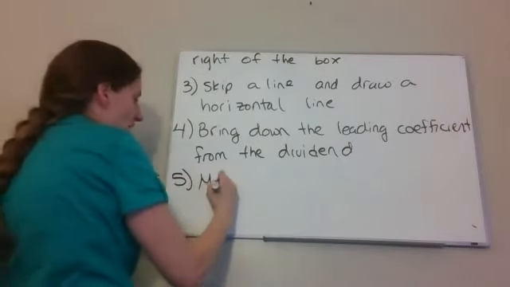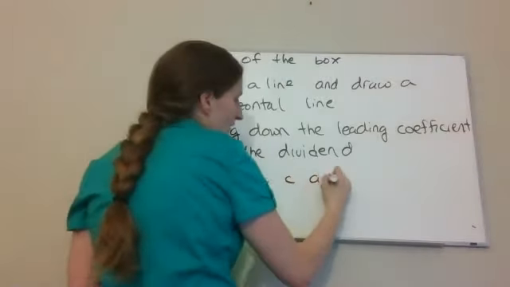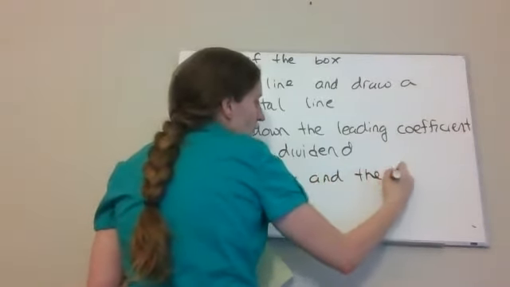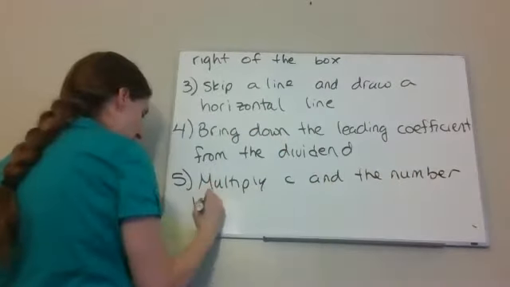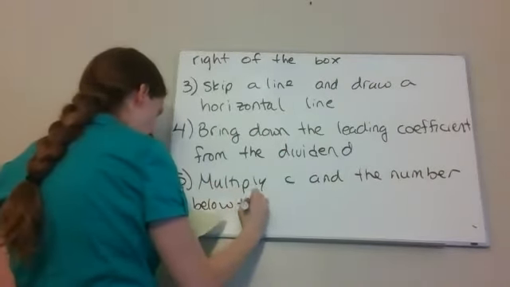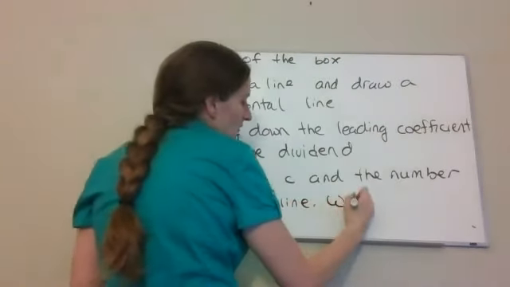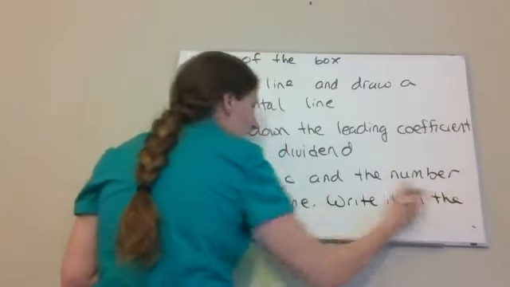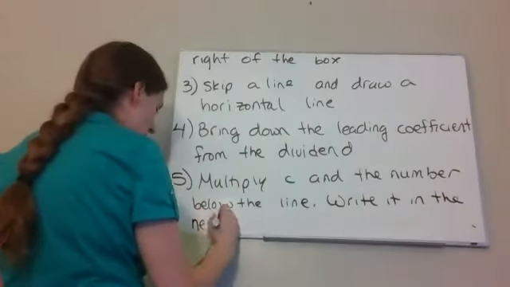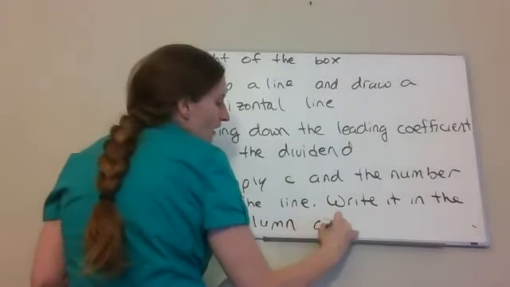Step 5, multiply C and the number below the line. Write it in the next column above the line.